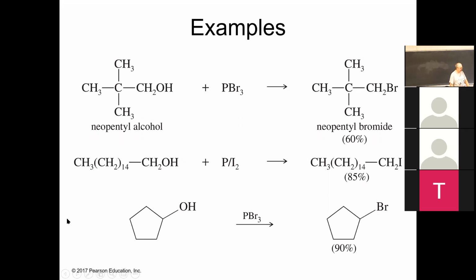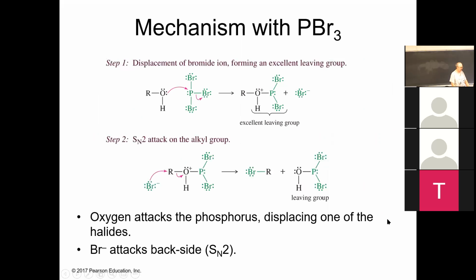Okay, we have some other examples, here's a primary, here's a secondary halide. We can make the corresponding primary, secondary alcohols, we can make the corresponding halide. And here's the mechanism. Alcohol attacks phosphorus, kicks out a bromide.